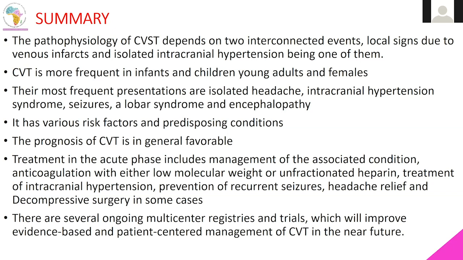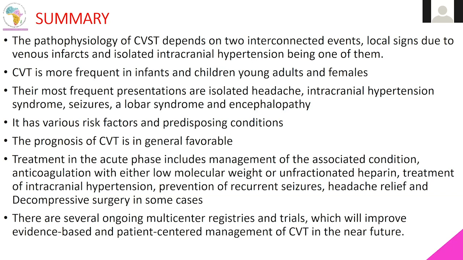So in summary, the pathophysiology of cerebral venous thrombosis depends on two interconnected events: local signs due to venous infarct and isolated intracranial hypertension being one of them. CVT is more frequent in infants and children, young adults, and females. Their most frequent presentations are isolated headache, intracranial hypertension syndrome, seizure, or a lobar syndrome, and encephalopathy.